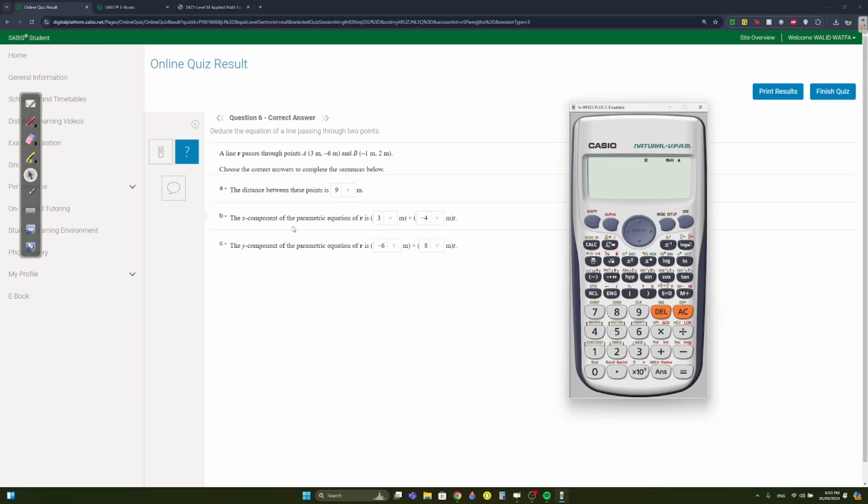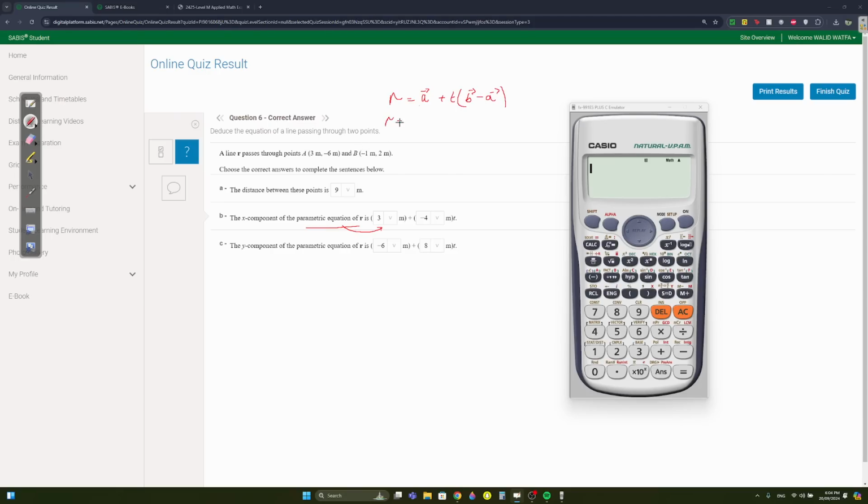Okay, the x component and the y component of the parametric equation. So with them, the equation of the line. You know that the equation of the line when you have 2 points is the first point, which is A, like the vector of it, plus t times the vector of the second point minus the first point.